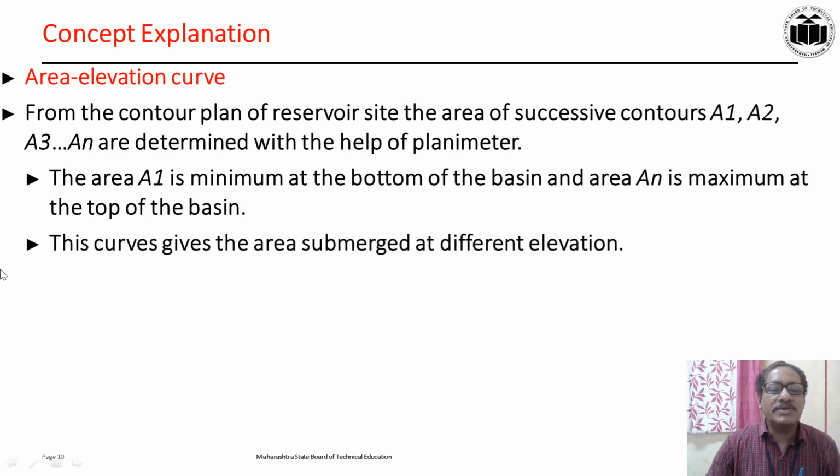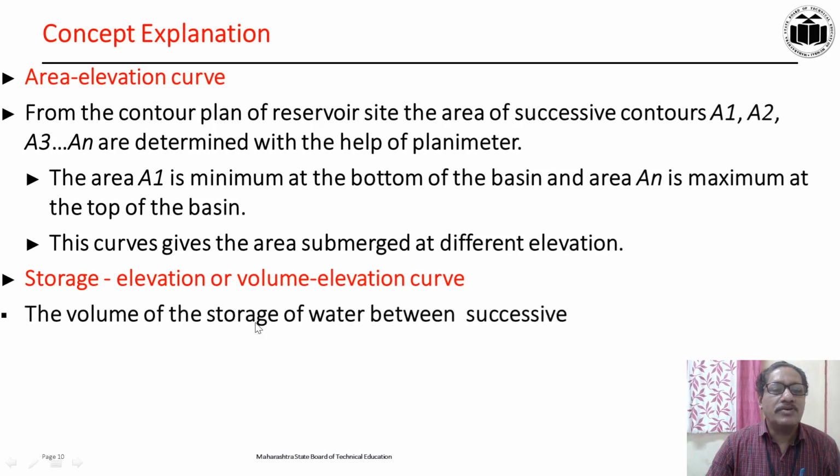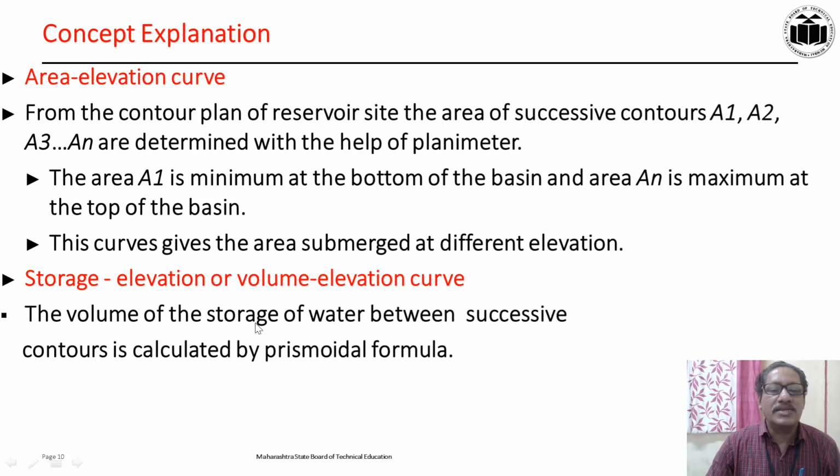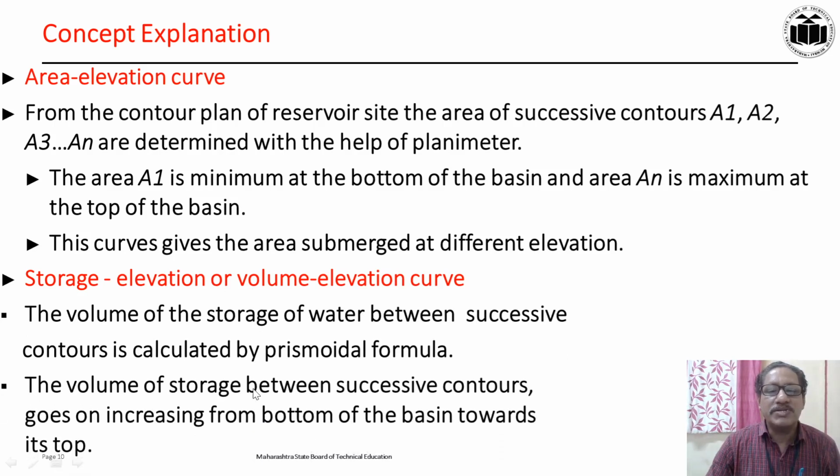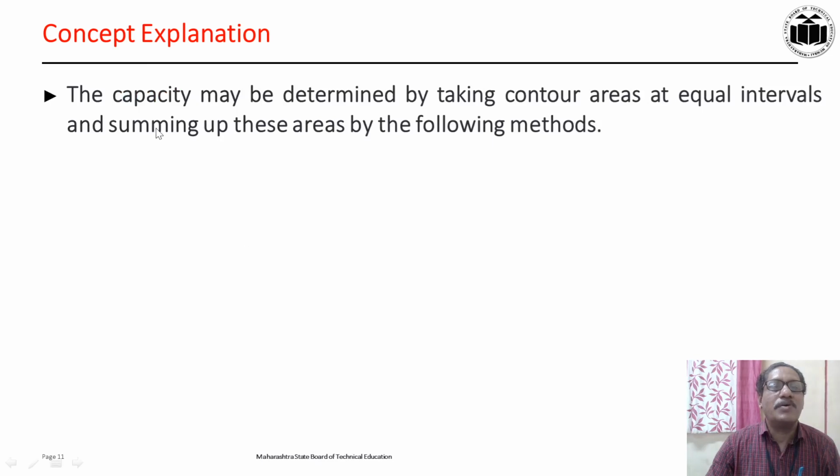This curve gives the area submerged at different elevations. The other curve is the storage elevation or volume elevation curve. The volume of storage of water between the successive contours is calculated by the prismoidal formula. The volume of storage between the successive contours goes on increasing from the bottom of the basin towards its top.